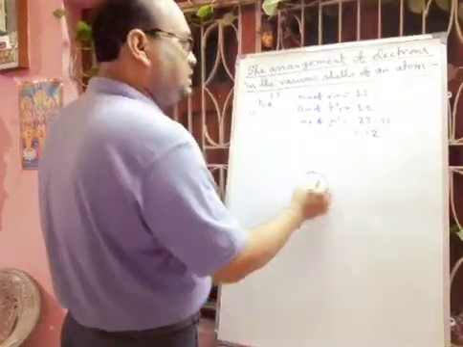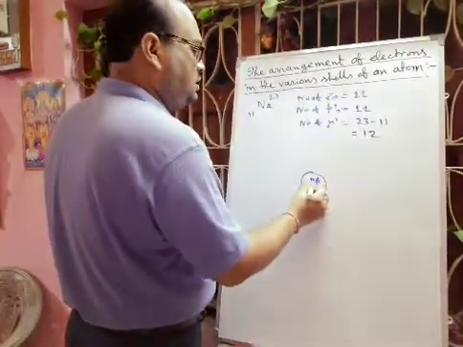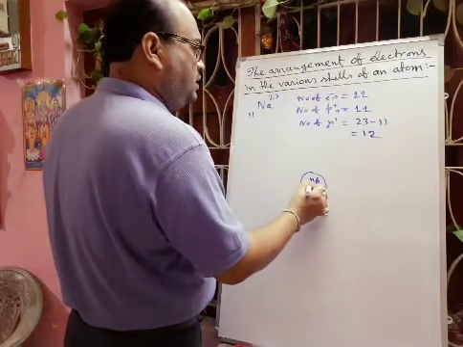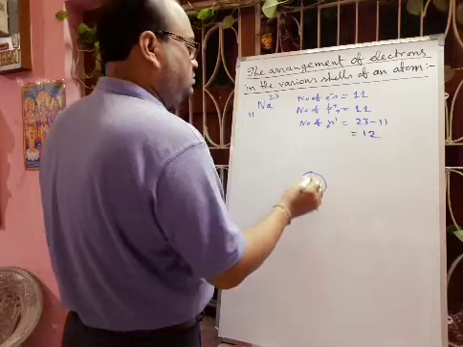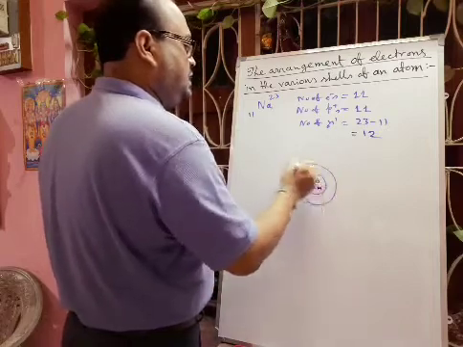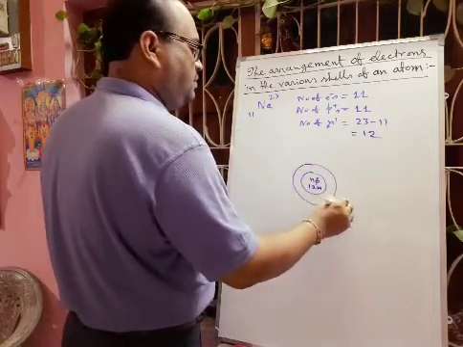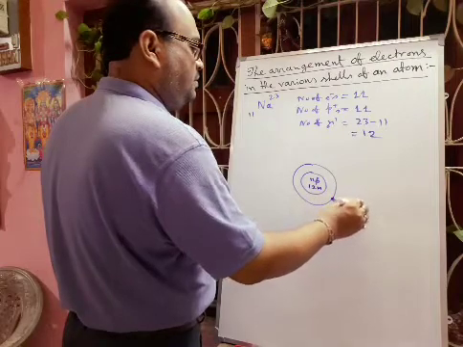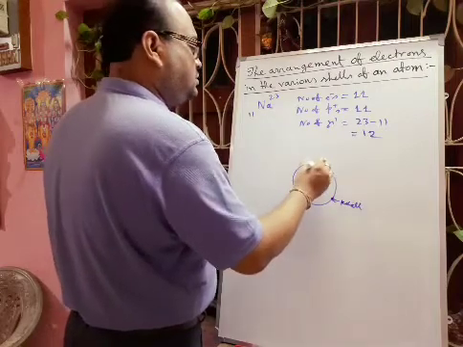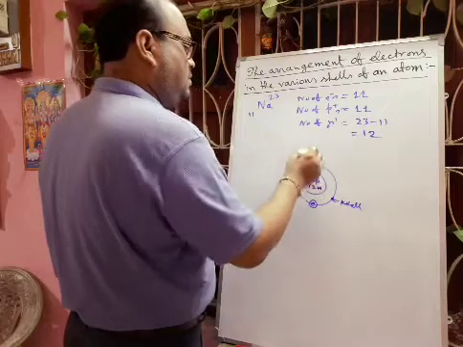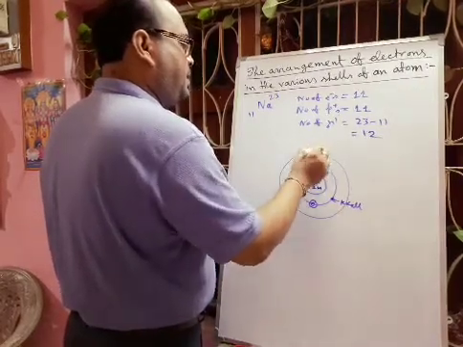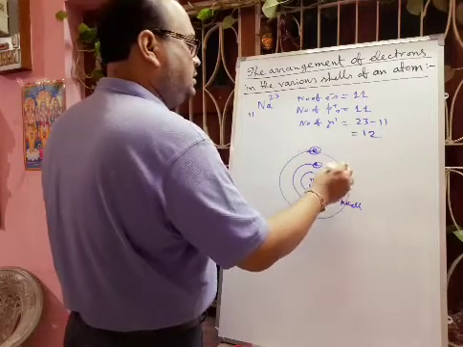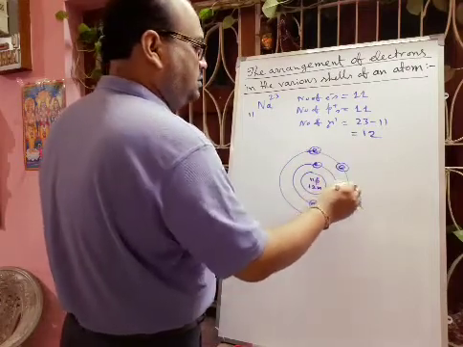Inside the nucleus there will be 11 protons in case of sodium and 12 neutrons, and in K cell there will be 2 electrons, and in L cell there will be 8 electrons.